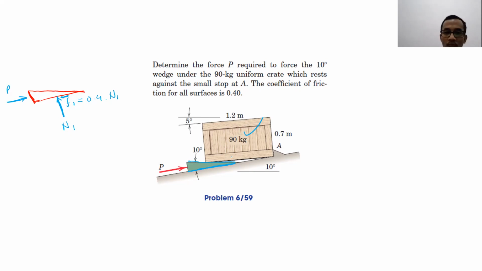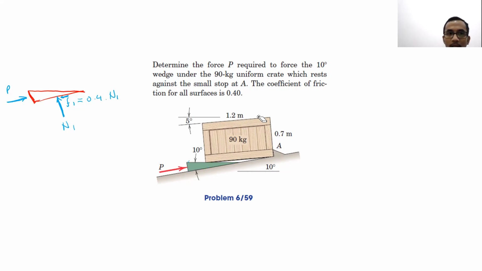But at the crate, the friction will only happening at one particular point, right? So basically, we're supposed to use the one that have a surface there. The one that having a movement on a surface is supposed to be the wedge, right?